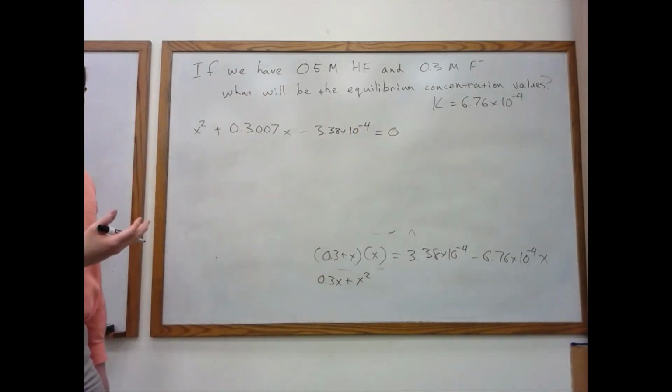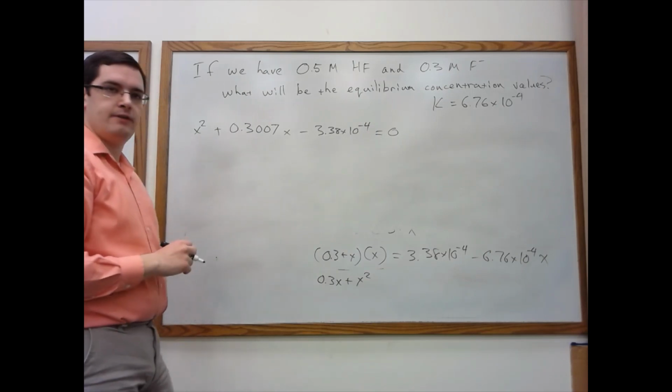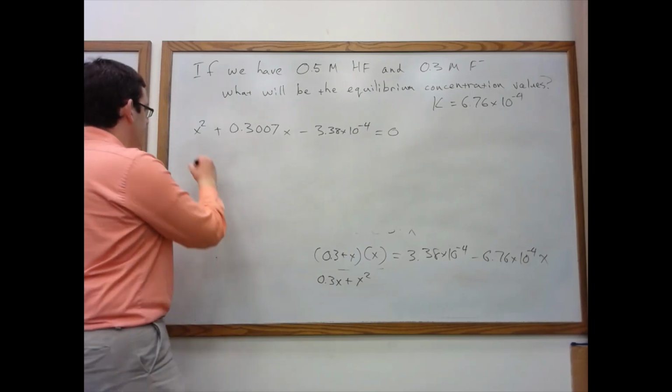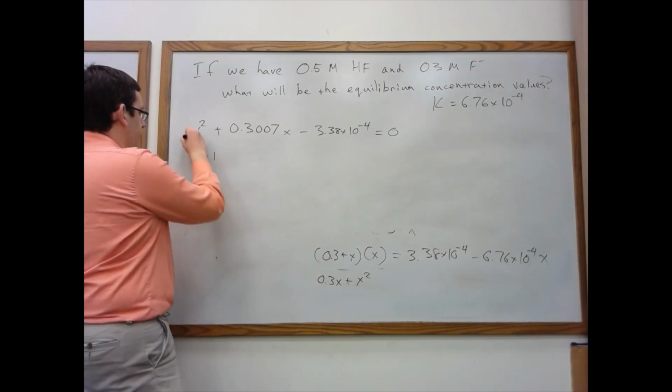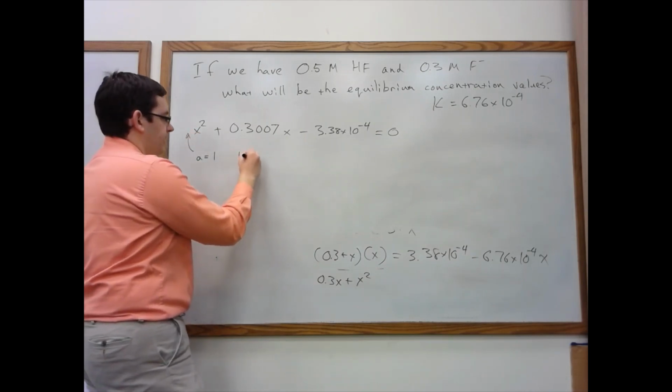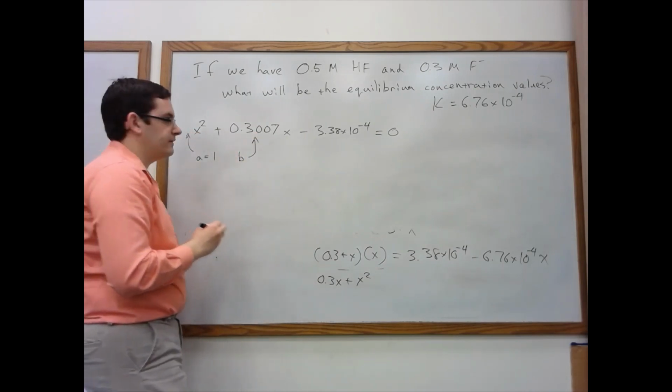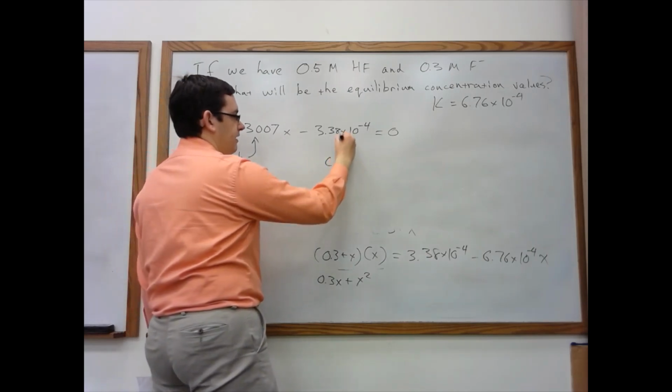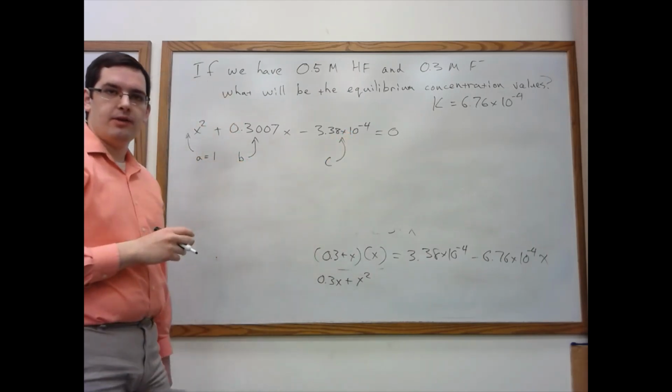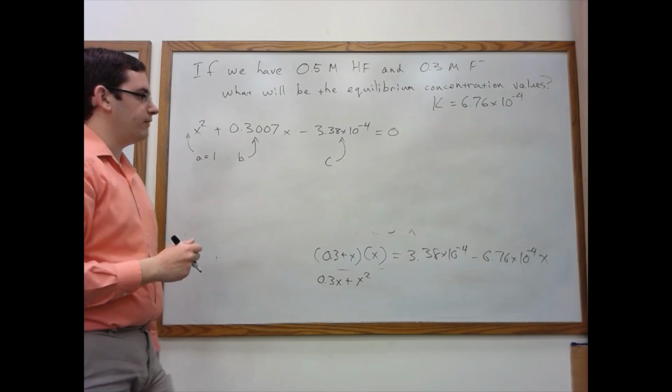So now this gives us our a, b, and c values for our quadratic equation. A would be equal to 1 here. B is equal to our 0.3007. And c is equal to our negative 3.38 times 10 to the negative fourth.